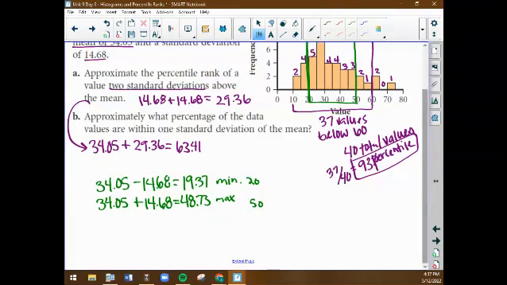So there are 28 values out of the 40 total values between 20 and 50, just as an estimation, which means 70% of scores lie within one standard deviation of the mean. You want to think about how many data points there are over the total, just like how we normally calculate percent.